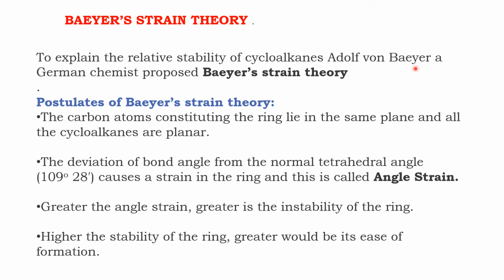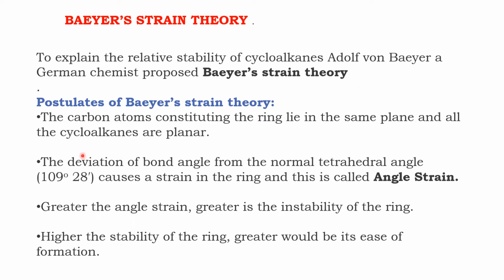Some of the cycloalkanes are highly stable, while some of the cycloalkanes are least stable. And this stability of cycloalkanes could be explained using Baeyer strain theory.